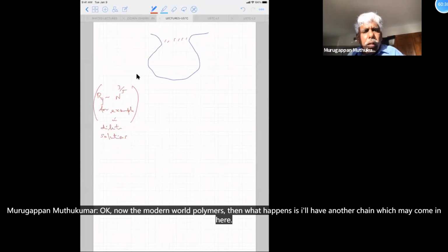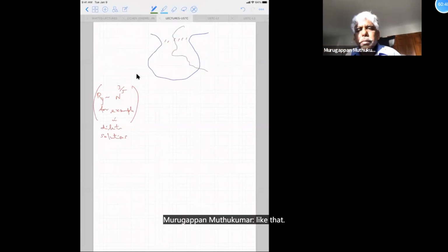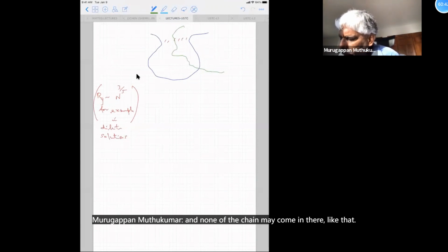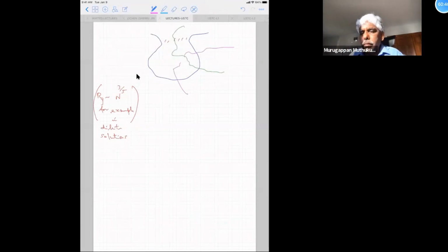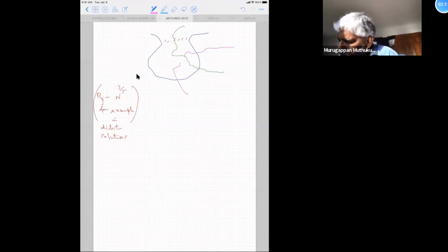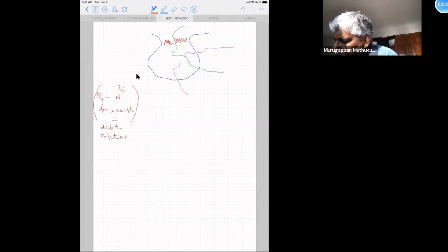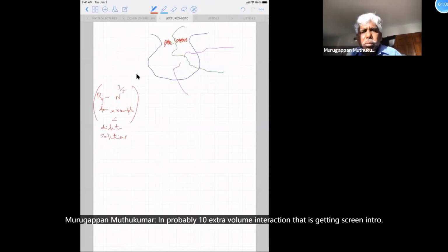Now, when I add more and more polymers, I'll have another chain which may come in here, like that, and another chain may come in there, like that. The result of this is the following. The intra-chain excluded volume interaction I had is getting screened.